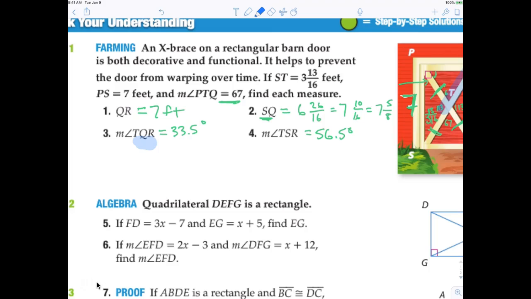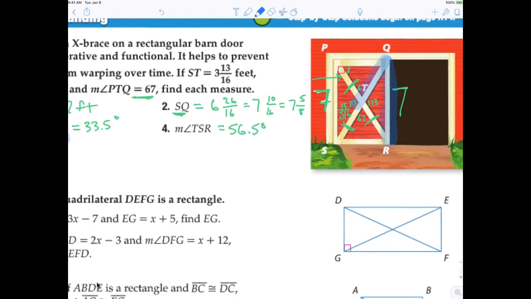Okay, so if we're doing TSR, it's this angle right here. There are so many ways of doing this. This angle right here we know. This angle is 90, so if we wanted to, we could just say these two angles add up to 90 and subtract. Or we could do 180 minus 67 divided by 2. All right, lots of ways. Everybody okay with that?